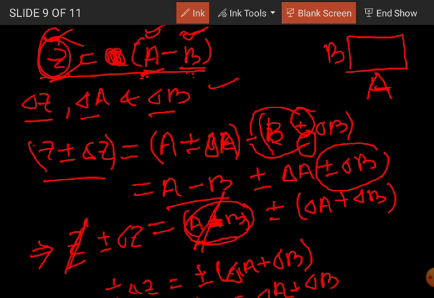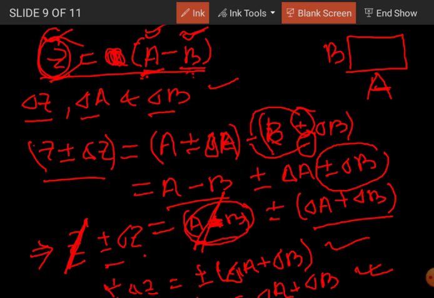So you cancel these two. Then you will get plus minus delta z as plus minus of delta a plus delta b, right? So you just cancel this plus minus from both the sides. So you will get delta z will be equal to delta a plus delta b.